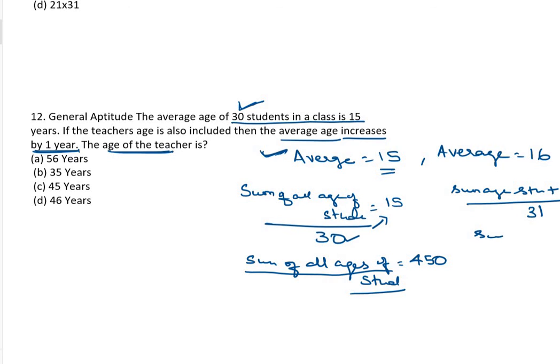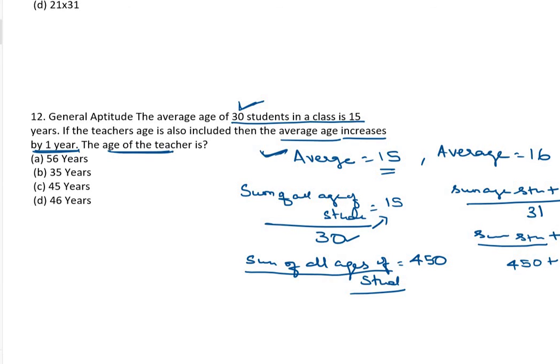So the sum plus the teacher's age equals 31 into 16, which is 496. We already know the students' sum is 450, so 450 plus the teacher's age equals 496. The teacher's age equals 496 minus 450, that is 46. The teacher's age is 46.